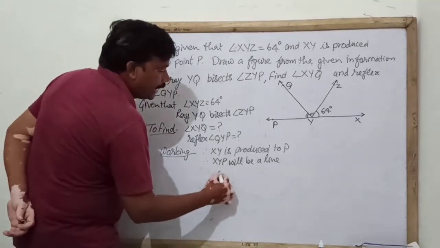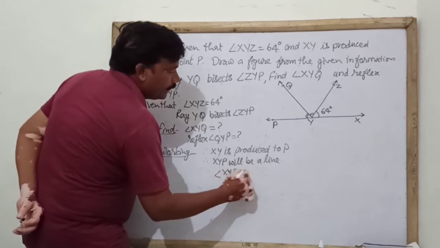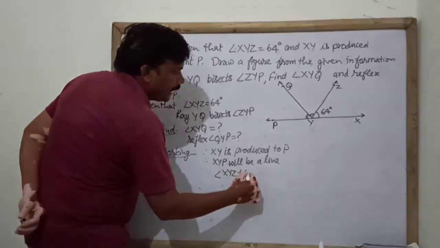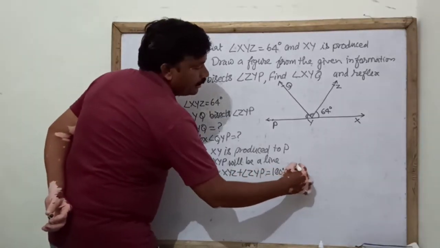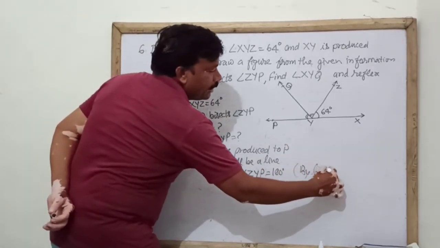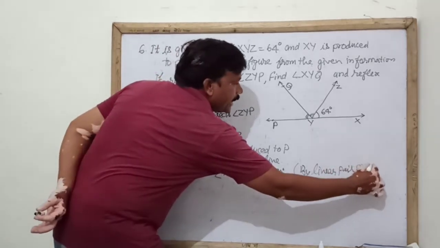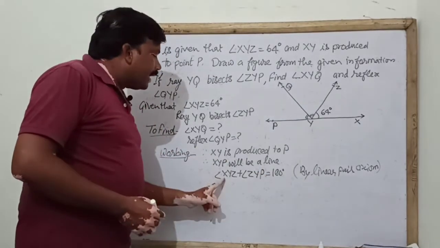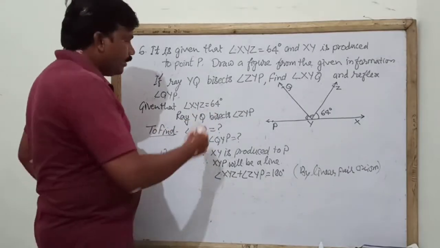So we can write angle XYZ plus angle ZYP equals 180 degrees by linear pair axiom. But the value of angle XYZ is given, 64 degrees.